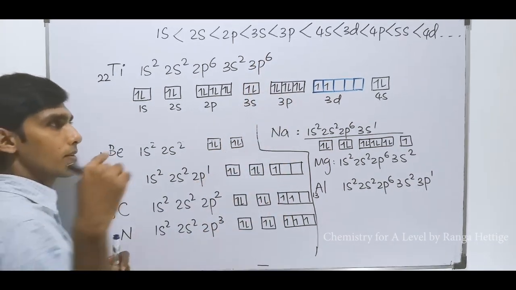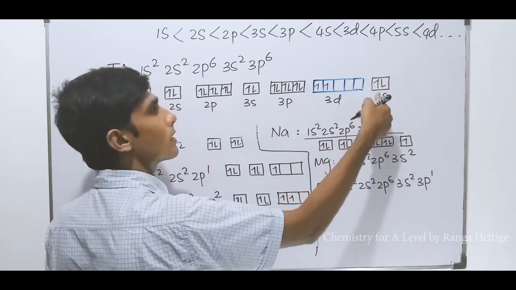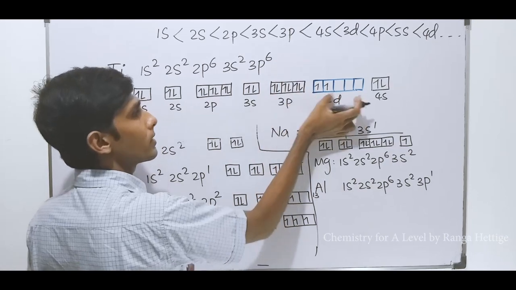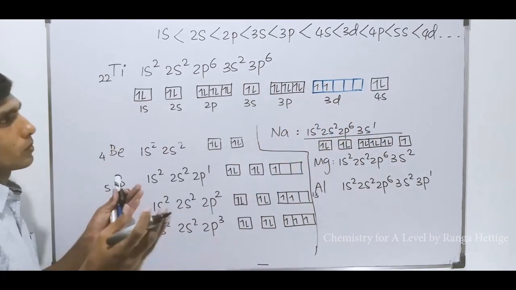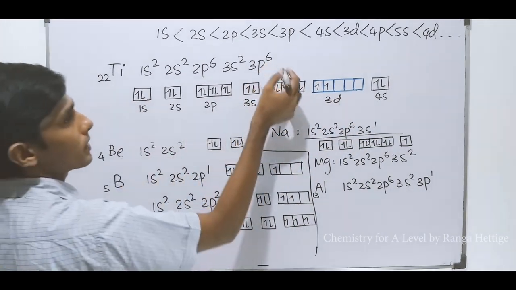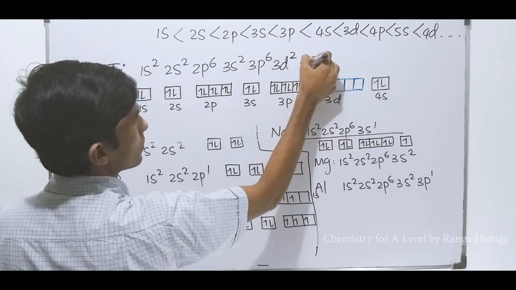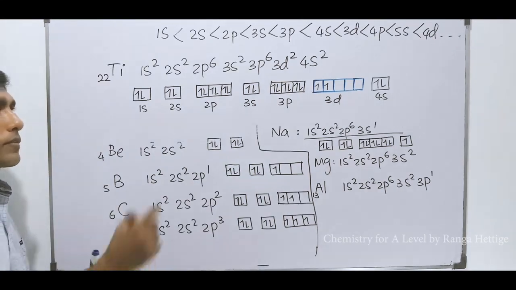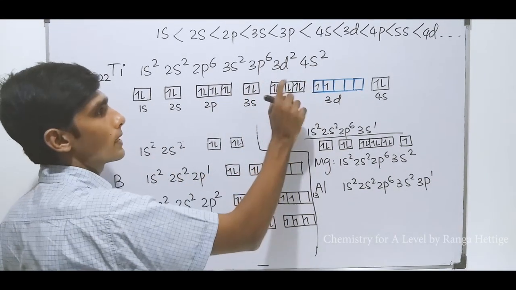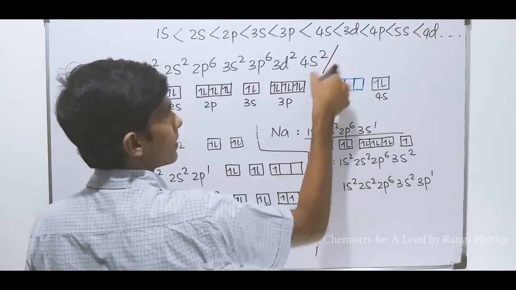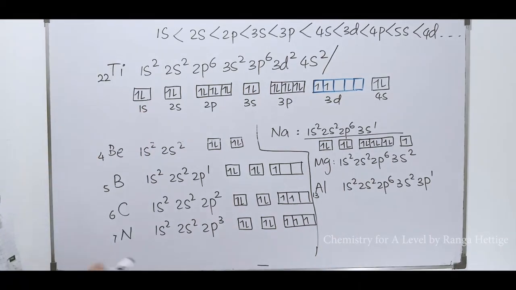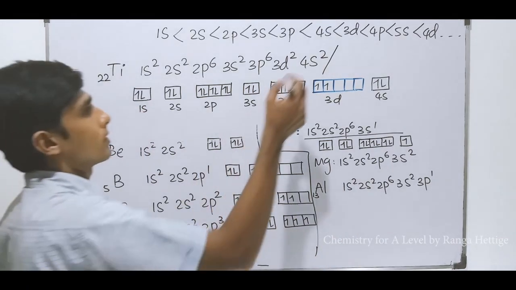3p6. After that, actually 4s is filled, but when we write the sublevels or orbitals of the same main energy level together, you can write 3d2, 4s2. Even if you write this by changing the order, one cannot say that is incorrect. That is also accepted.